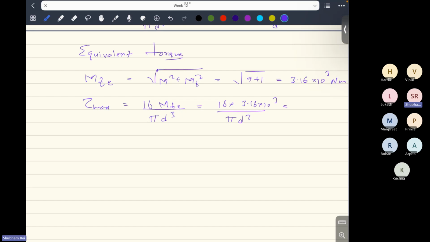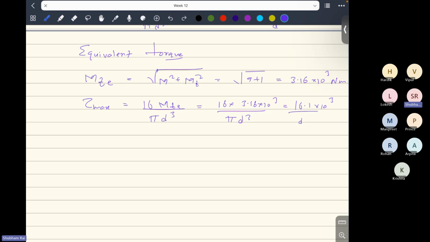How much will you get? 16 into 3.16 into 1000 divided by pi. So you're getting 16.1 approximately. So 16.1 into 10 to the power 3 divided by d cube Newton per meter square.